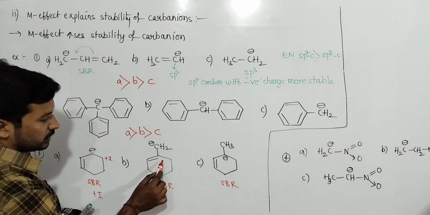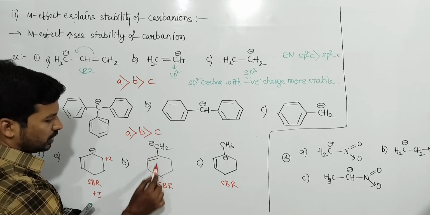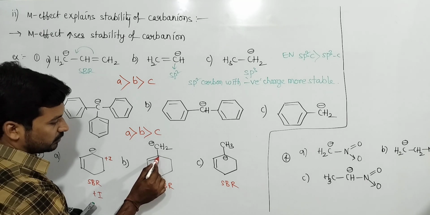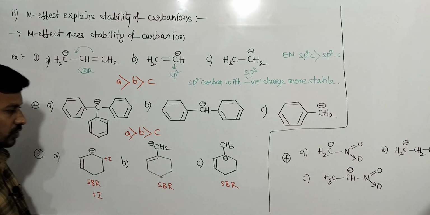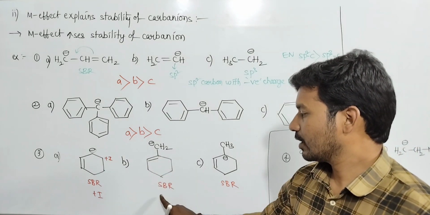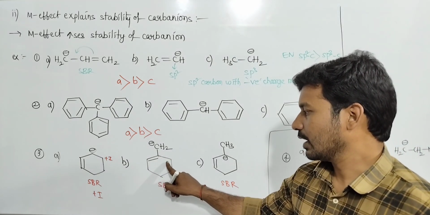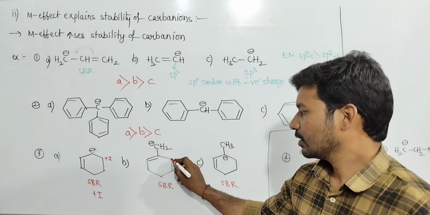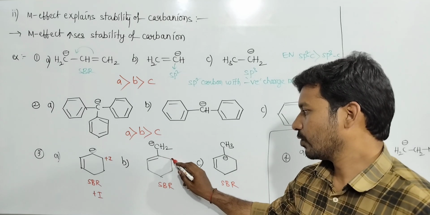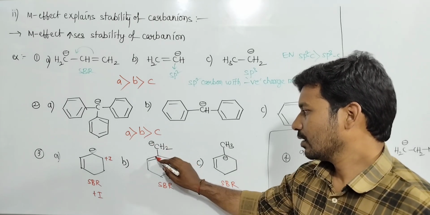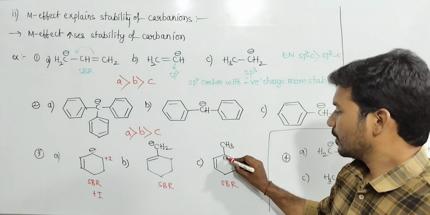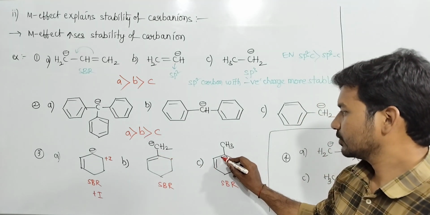For this one, only stabilized by resonance, inductive effect is not there, because the charge is not adjacent. This group is not adjacent to the carbanion. Here resonance is adjacent, conjugative system, stabilized by resonance.